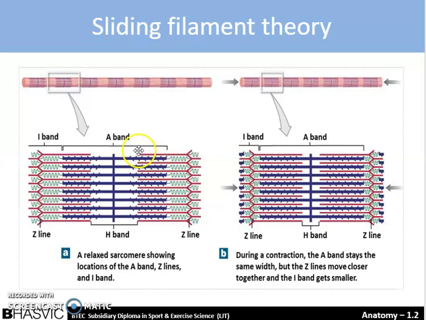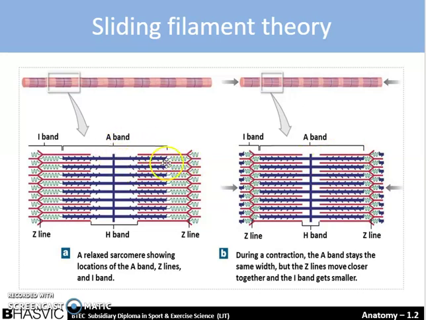Using this diagram, you can show the observations of the sliding filament theory. You can show the changes of the thick and thin filaments. The H band and the I band get smaller. The zone of overlap gets larger.